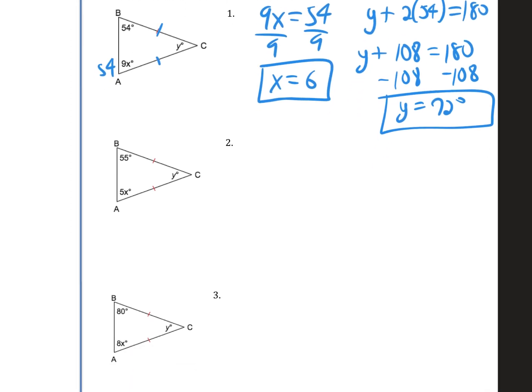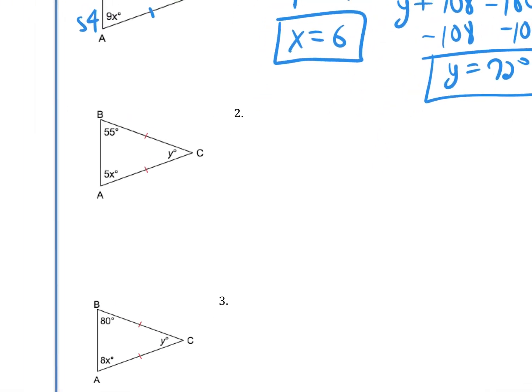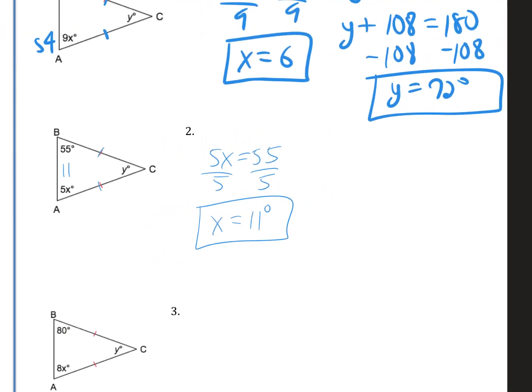All right. A couple more here. What are we going to do here? This is an isosceles triangle again. So what are we going to solve? The base angles are congruent. So we're going to do 5x equals 55. Divide by 5. x equals 11. All right. Now how do we solve for y?